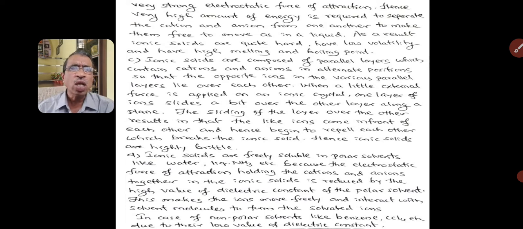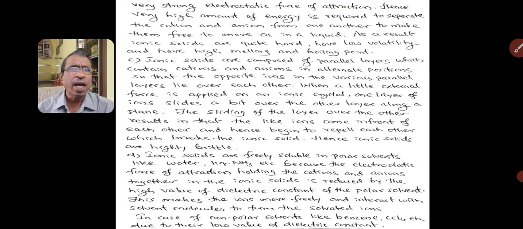Ionic solids are composed of parallel layers which contain cations and anions in alternate positions, so that the opposite ions in the various parallel layers lie over each other.